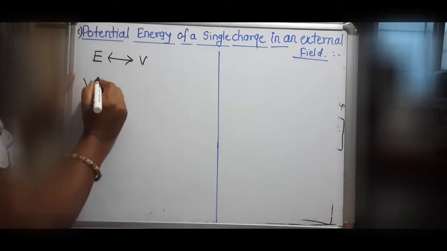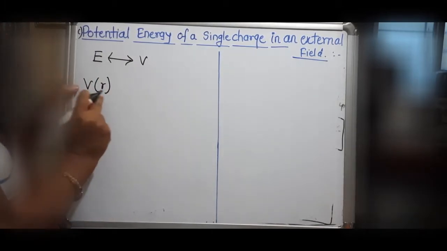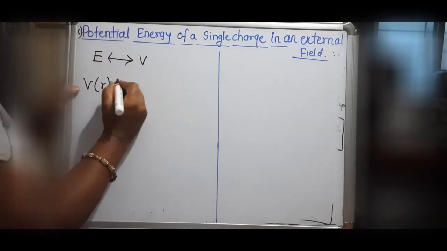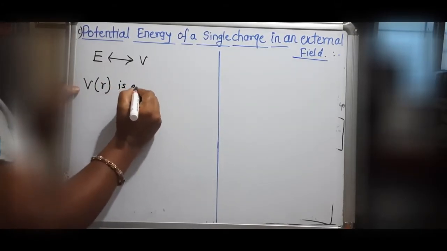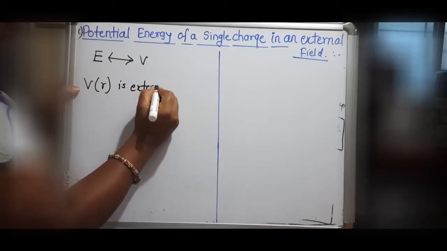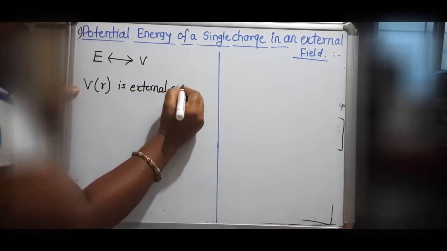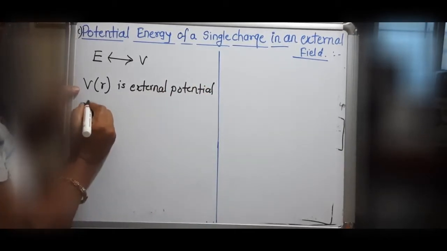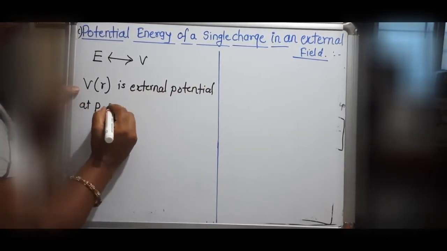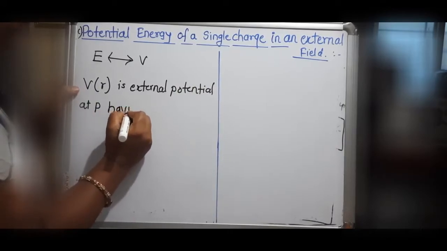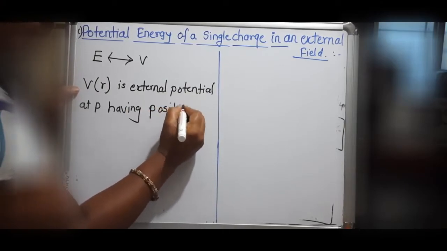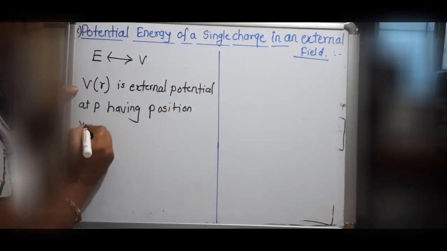Here consider V(r) as the external potential at point P, having position vector r.